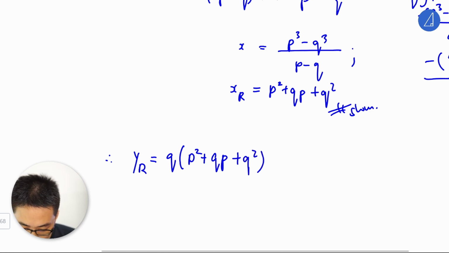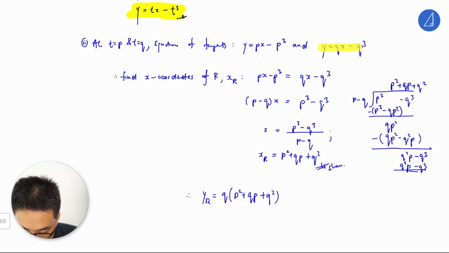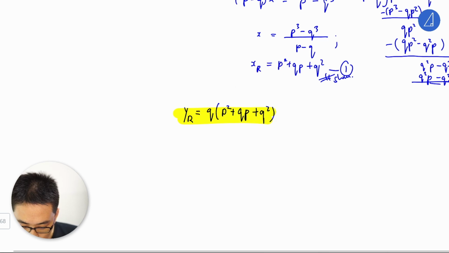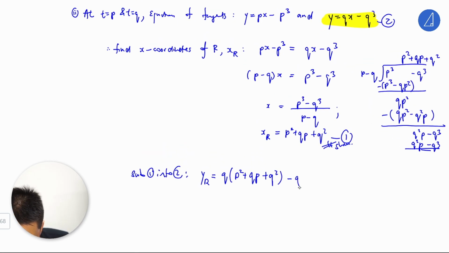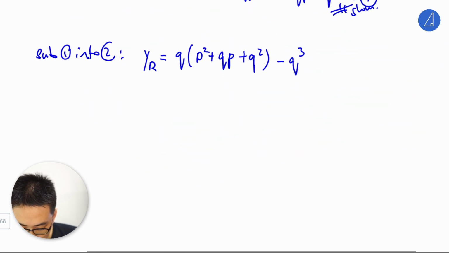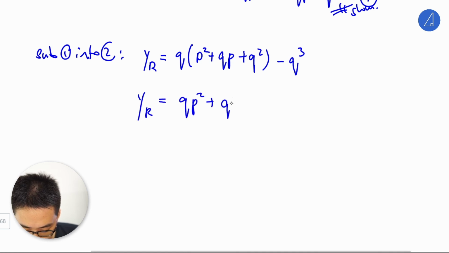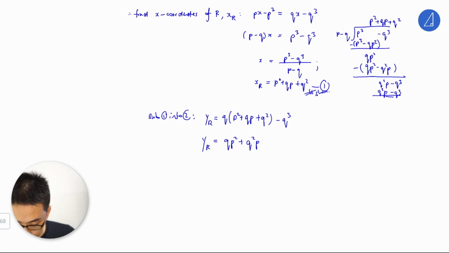So I substitute it into this equation. Either one is fine. Then there will be minus q cubed. There you go. This is yR.